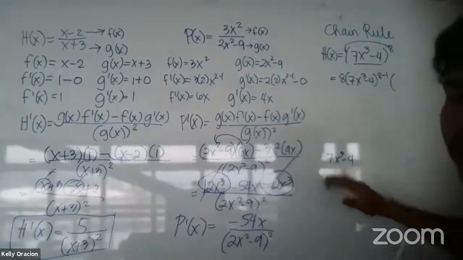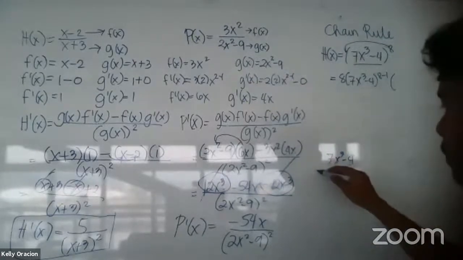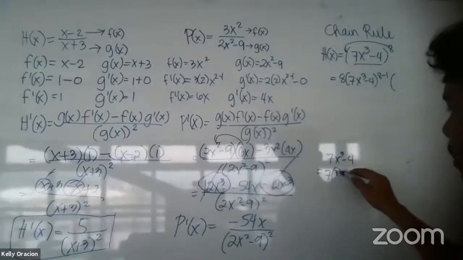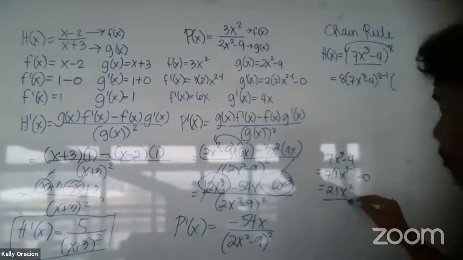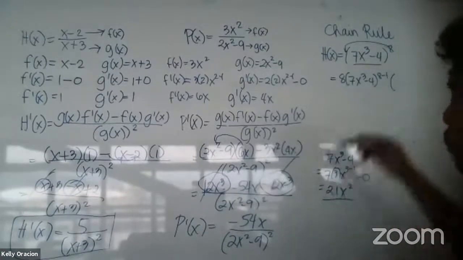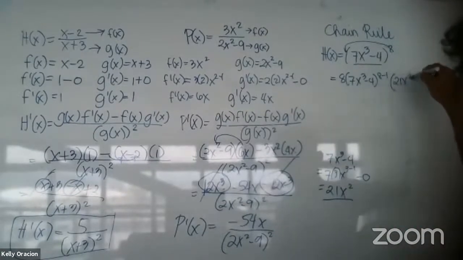What is the derivative of 7x cubed minus 4? The answer is 7 times 3, x to the 3 minus 1, minus 0. That's 21x squared. So you multiply it by 21x squared.